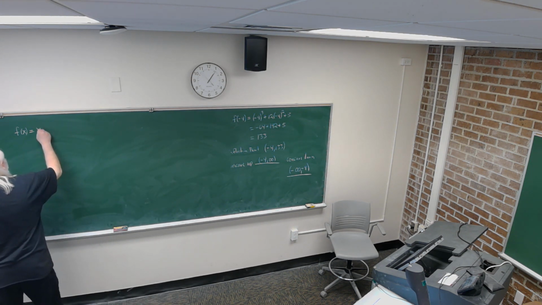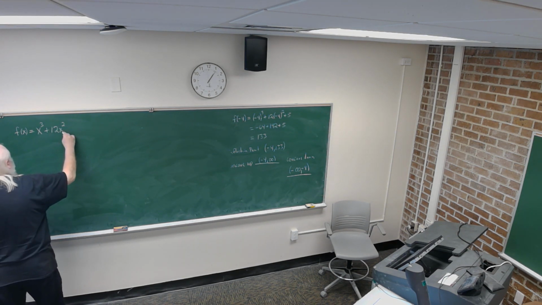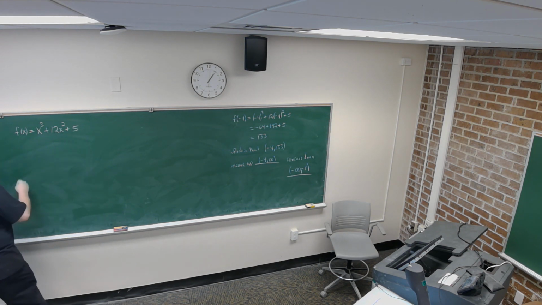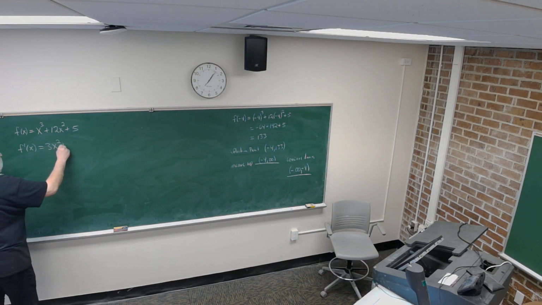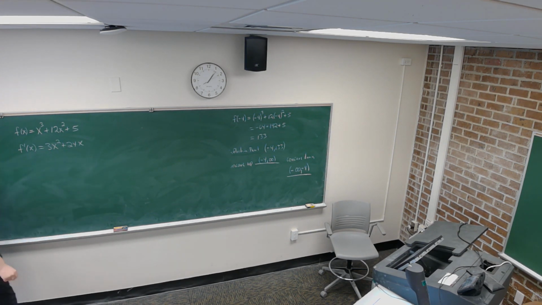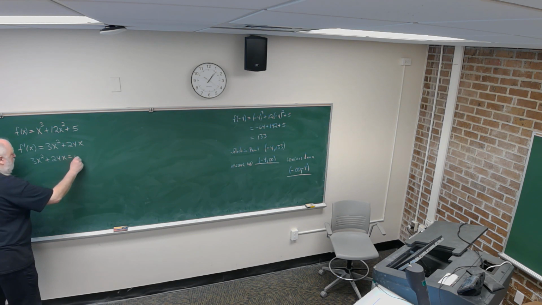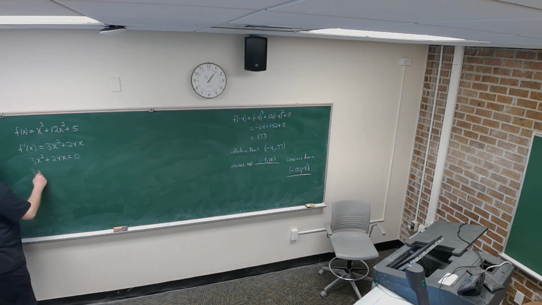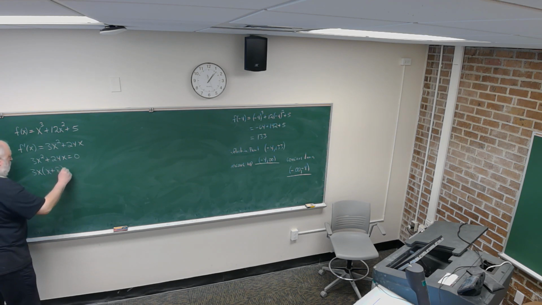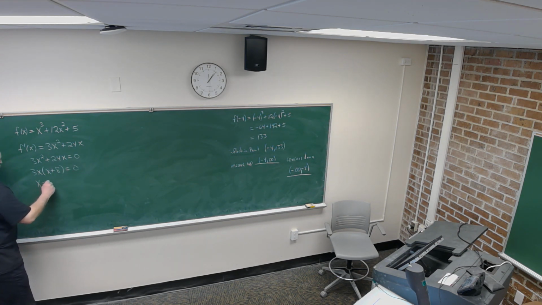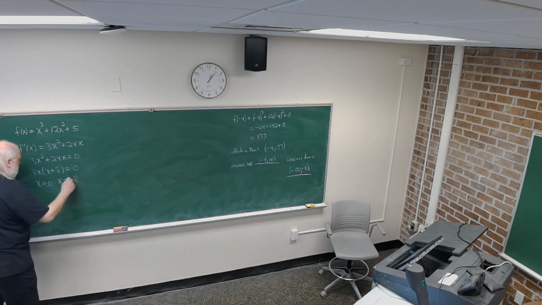Lastly, we have f of x is equal to x cubed plus 12x squared plus 5. First, you got to get critical numbers to see where, if anywhere, the first derivative is equal to 0. And critical numbers are x equals 0 and x equals minus 8.